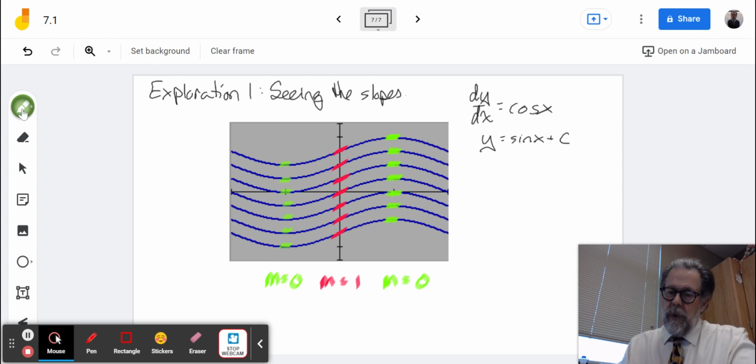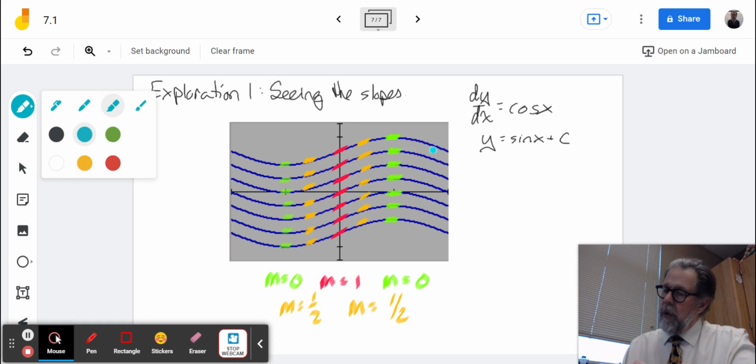So what happens in between? If we want to get into some detail, we know that somewhere in here we'll have a slope of 1/2, something between 1 and 0. And over here we'll have a slope of 1/2 again, somewhere between negative pi over 2 and 0 in the x direction. Let's do one more.